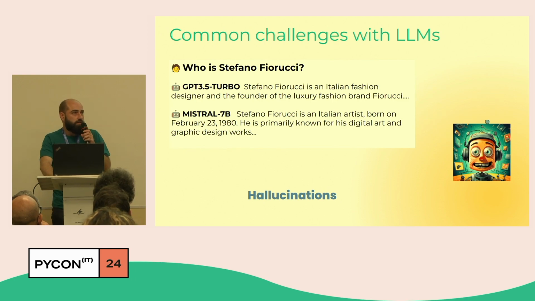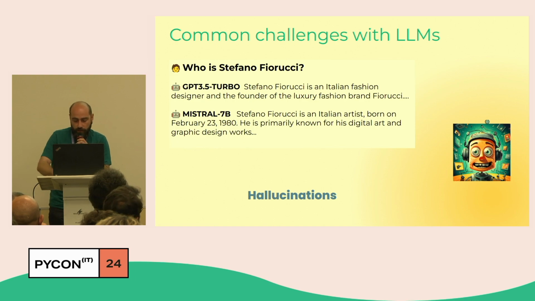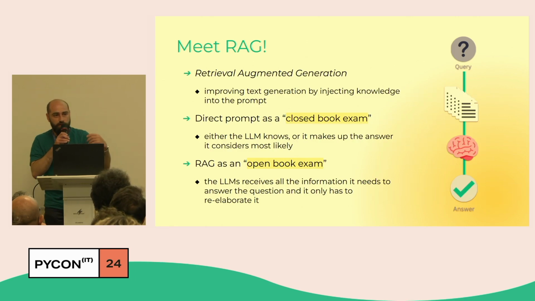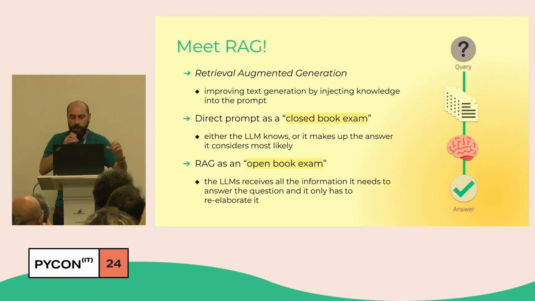A way to prevent this, or to make them reason on knowledge we provide to the models, is retrieval augmented generation. In this case, we are simply trying to inject the knowledge, passing some relevant information into the prompt for the model.